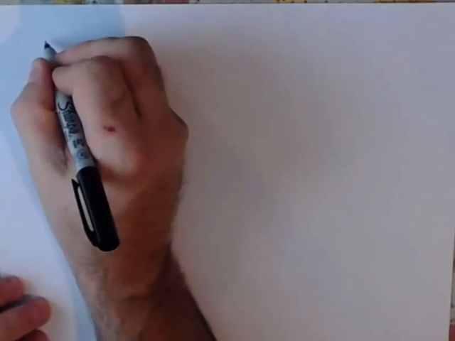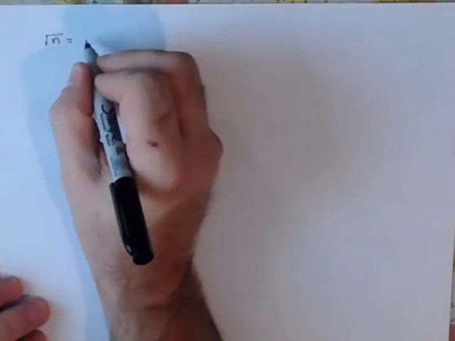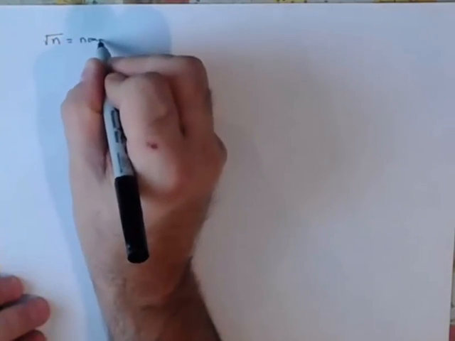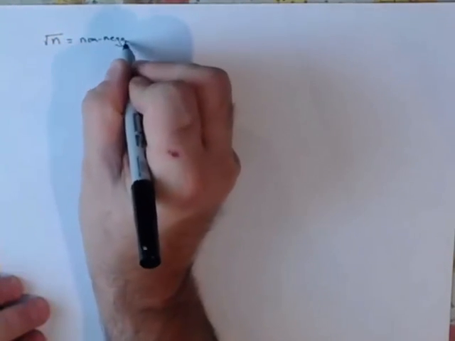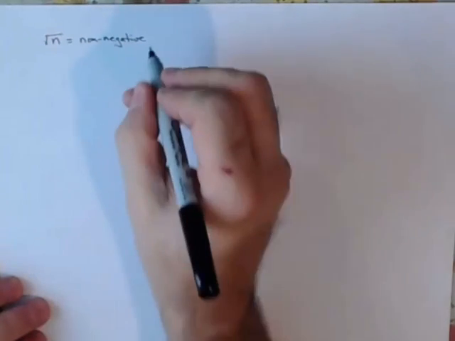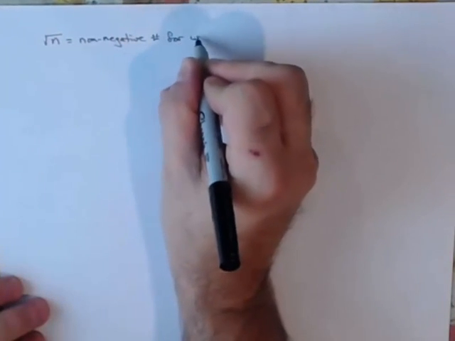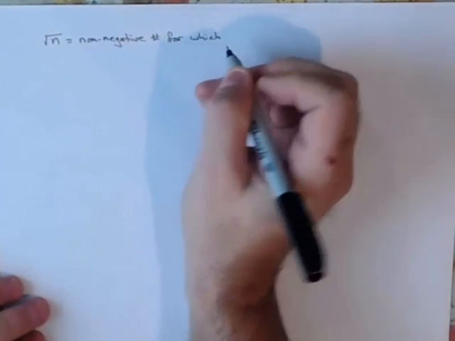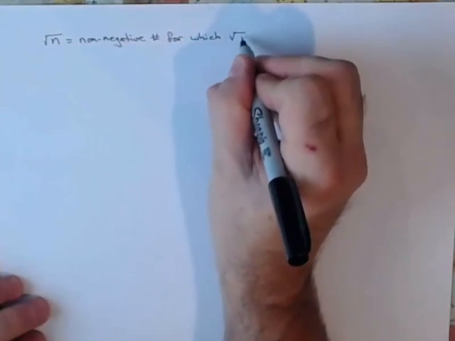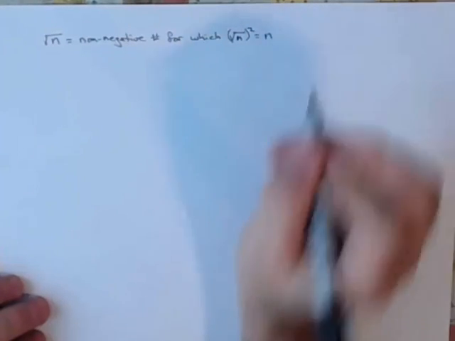The definition of square root is that the square root of n is equal to the non-negative number for which the square root of n squared is equal to n.